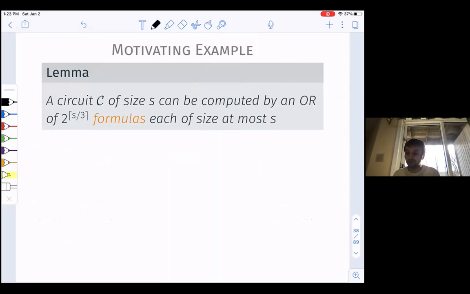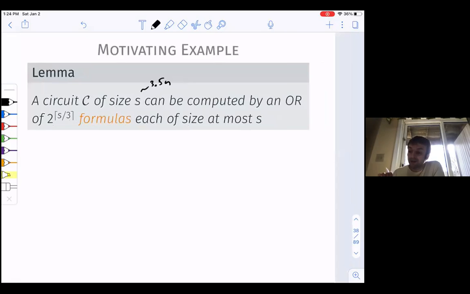That's just a toy example. Say I want to say that any unbounded depth circuit of size S, where S, think of it as, I don't know, maybe 3.5n, can be computed by an OR of exponentially many formulas, each of some small size.